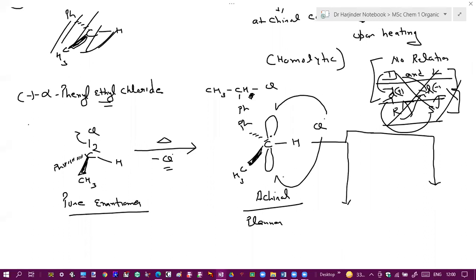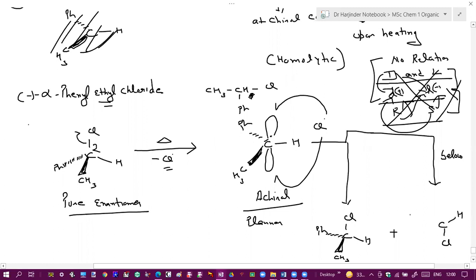This gives rise to two products in the same amount: in one case chlorine is present on the upper side, and in the other case chlorine is present on the lower side. One product forms when attack takes place from above, and the other when attack takes place from below.